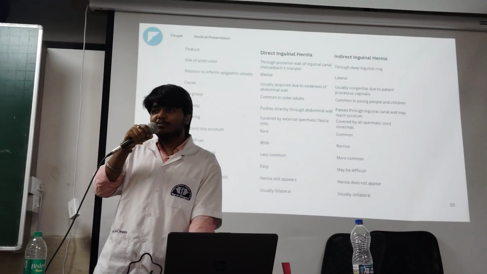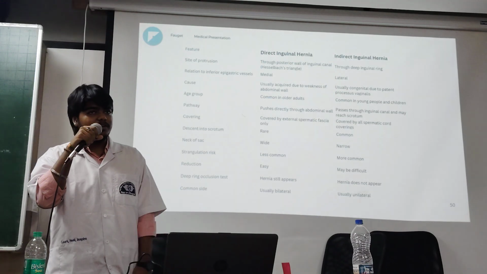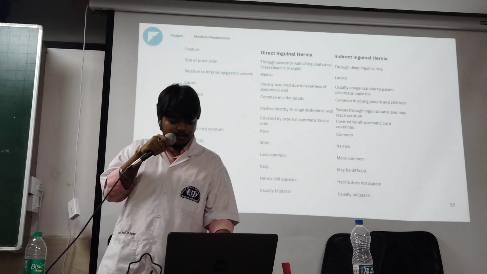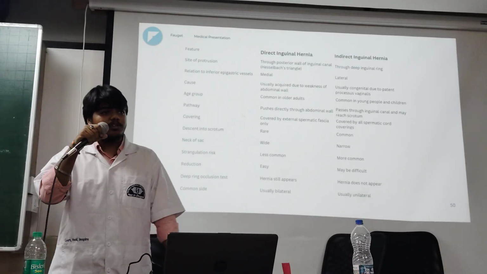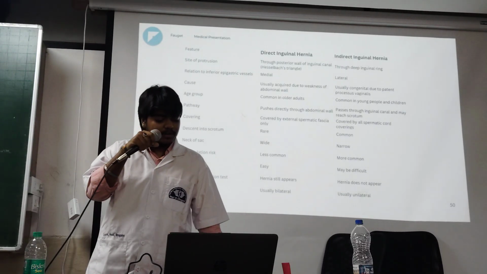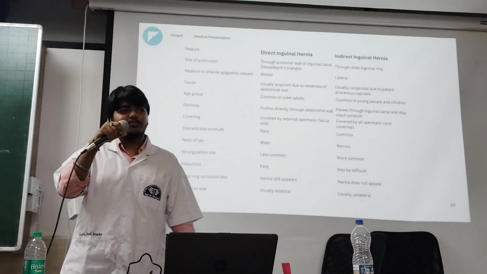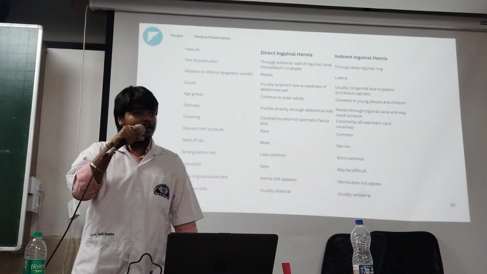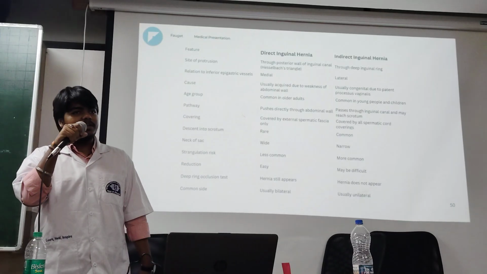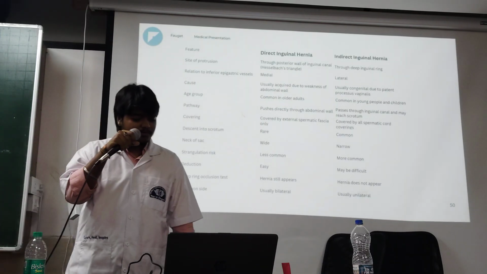So to differentiate between direct and indirect hernia, the main points are these. The site of protrusion of a direct inguinal hernia is through the posterior wall of the inguinal canal, mainly due to weakness of the abdominal muscle, and it lies medial to the inferior epigastric vessels and is more common in older males.